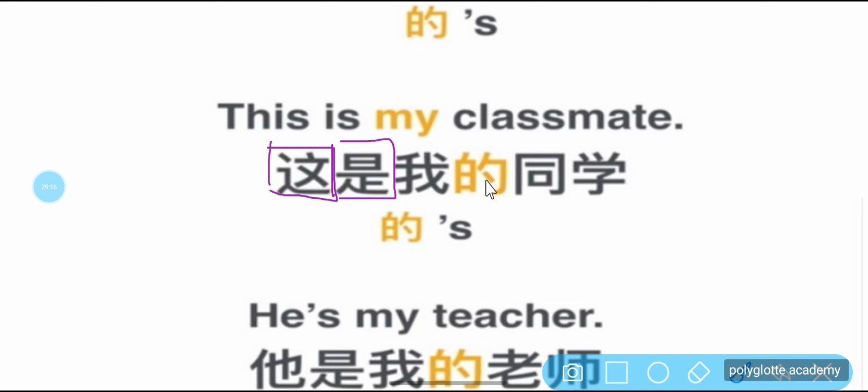We've been seeing the character 同学, meaning a classmate, somebody with whom you study together.